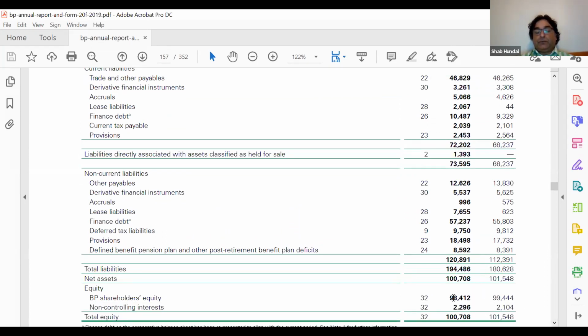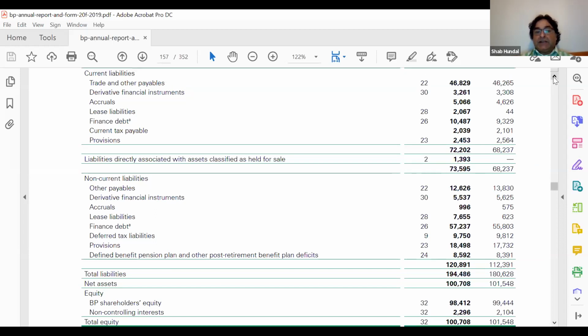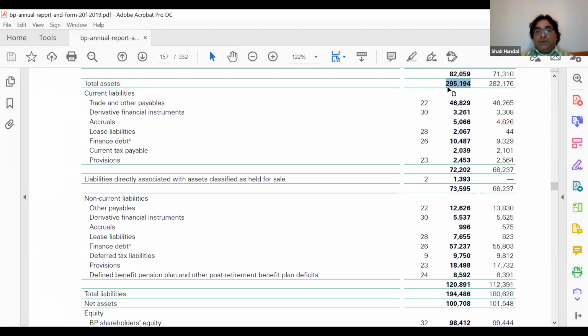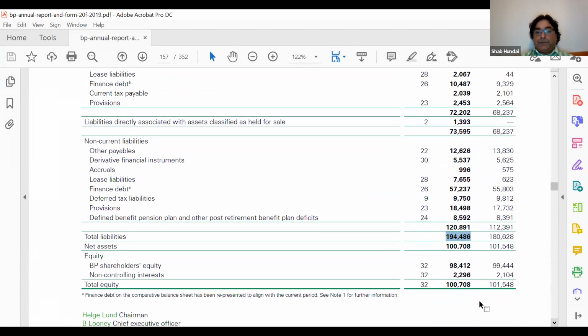You don't have to do plus minus, but it's not a bad idea to understand how total equity comes. Total equity comes when you have the total assets and you subtract total liabilities from them. And total equity is also called net worth or net assets. Net assets, very simple, because these are the assets net of liabilities.